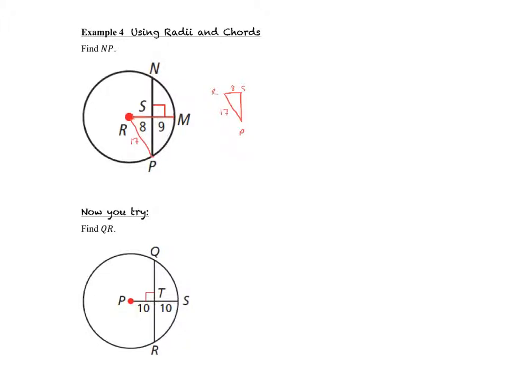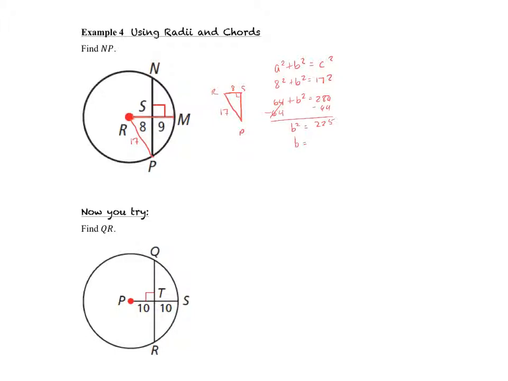And so then I'm just using Pythagorean theorem. So a squared plus b squared equals c squared. So 8 squared plus b squared equals 17 squared. 64 plus b squared equals 289. Subtract 64. 225. B squared is 225.